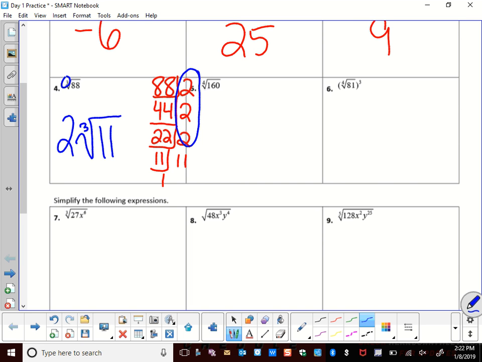What'd you guys get for number 5? 2 and then 10 in the radical. 5, no, 5. I did not get 2. Okay. All right, my smallest prime number is 2. We divide, we get 80. Divide.